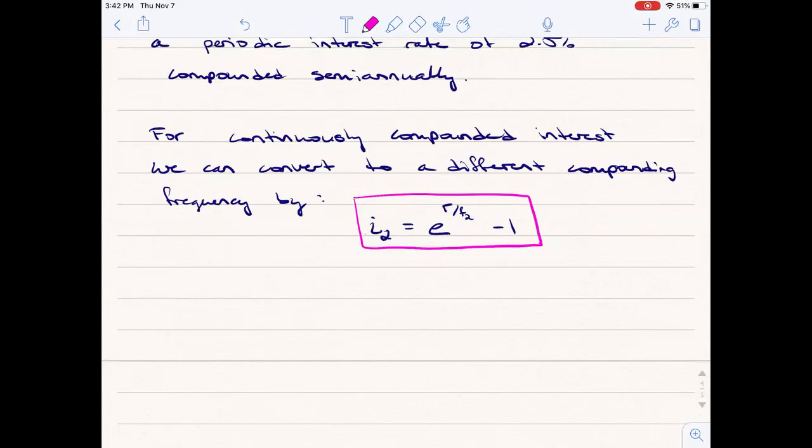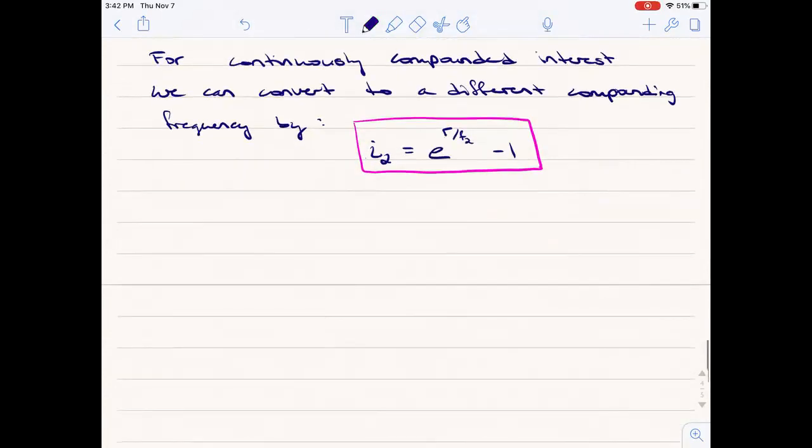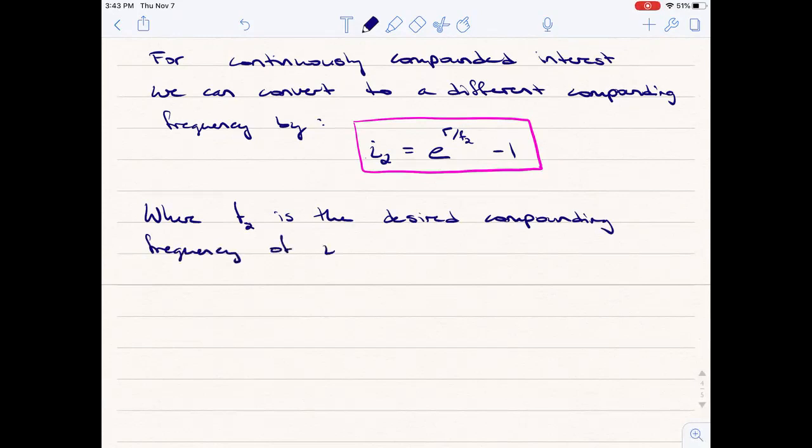So you don't really need the effective rates anymore now that you've got these new and improved formulas, as long as you keep in mind that the effective rate is when F2 is 1, annually compounded. Where F2 is the desired compounding frequency of I2.